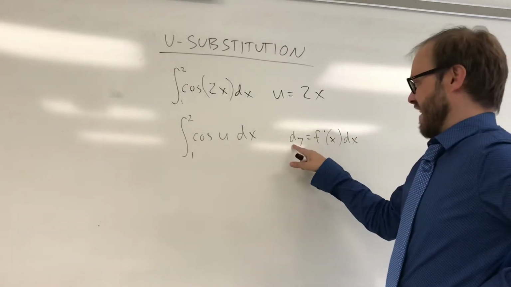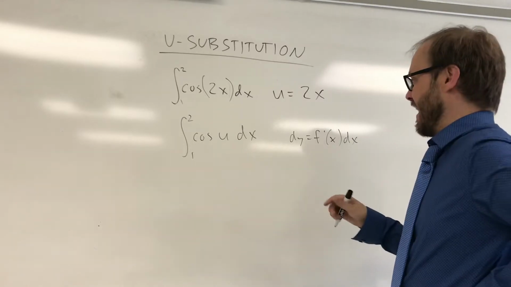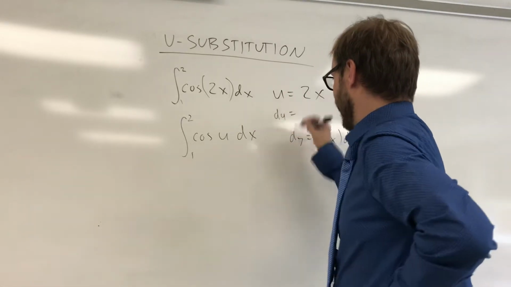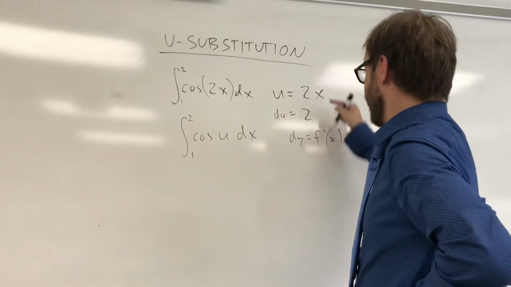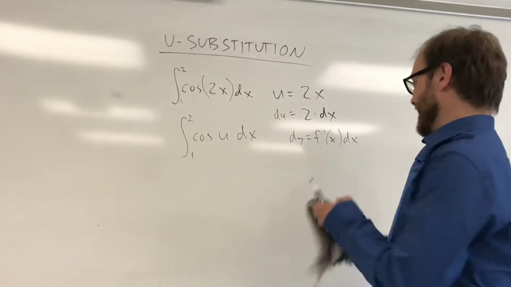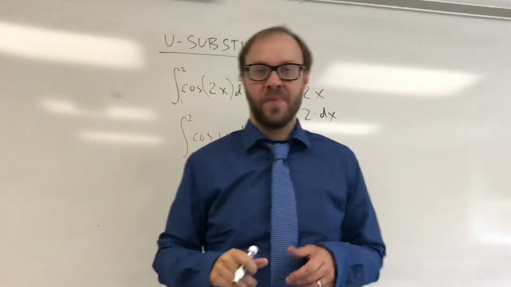An estimated change in y is just equal to a slope times the estimated change in x, okay? I can do that same kind of thing here. Du would be equal to the derivative 2 times dx, okay? And so I need that because I want to have a du here instead of a dx, all right?